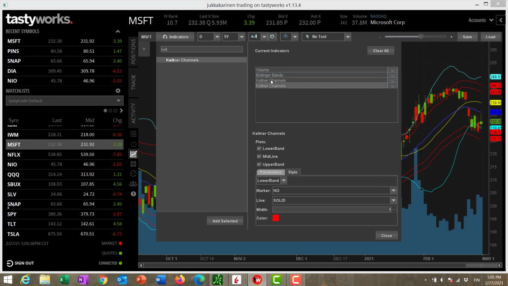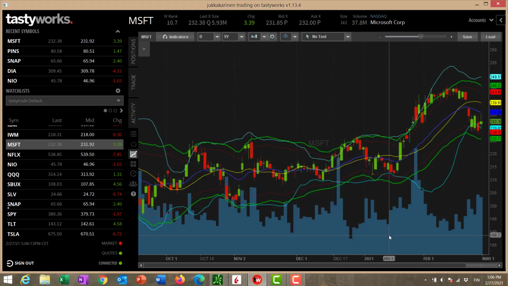I'll change that Keltner channel so the lower band is a dotted line, the upper band is again a dotted line, and on those Keltner channels I will change the colors to be, let's say, green and thickness higher so that it's easier to see. Upper band also green and thicker. So there, that's the second one.